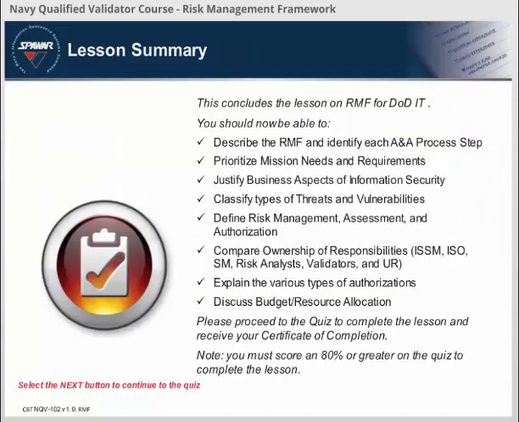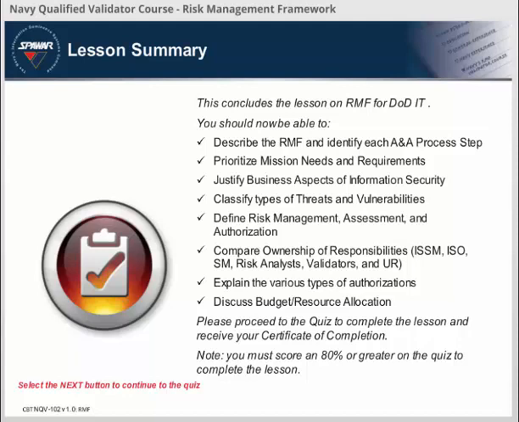Congratulations! You have completed the lesson on RMF for DoD IT. In this lesson, you learned the 6 steps of RMF and the roles and responsibilities of stakeholders involved throughout the process. You also learned the importance of security controls, risk management, and resource management as it relates to the RMF process and IT security.